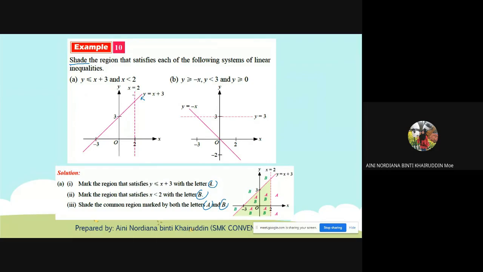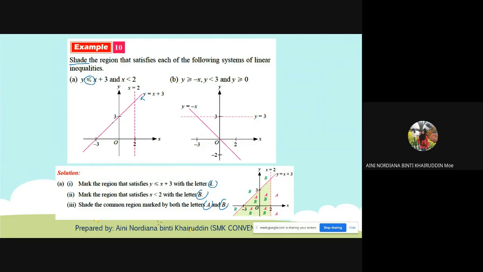X equals to 2, this dash line. Usually in the exam, they have already labelled it for you, so you don't need to guess which equation the line is for. But if they don't label, just looking at it you can already know. This dash line is x equals to 2 because this line is parallel to the y-axis.